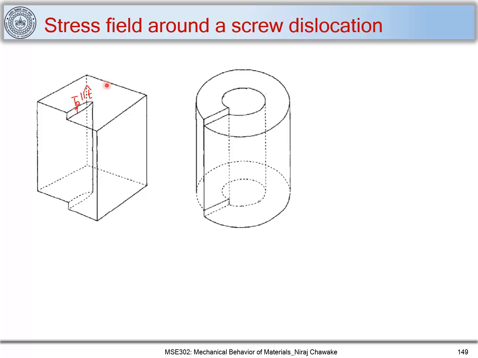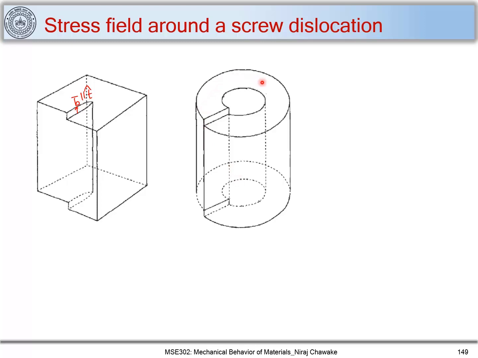To find the stress field around a screw dislocation, we take this cylinder, which was perfect, and as we have discussed earlier, we put a Volterra cut and shear this cylinder in such a way that we get a displacement parallel to the axis of the cylinder.